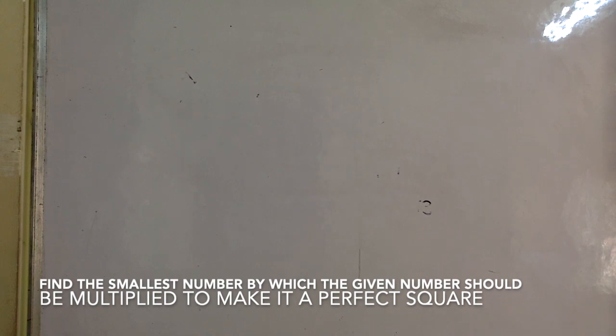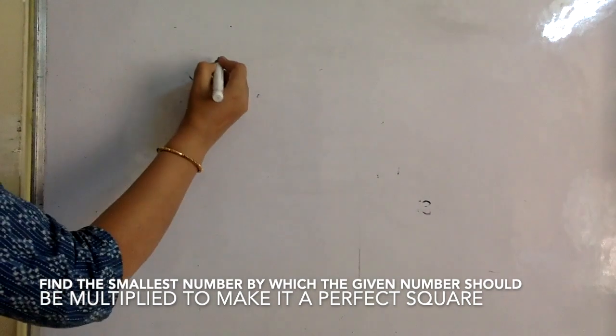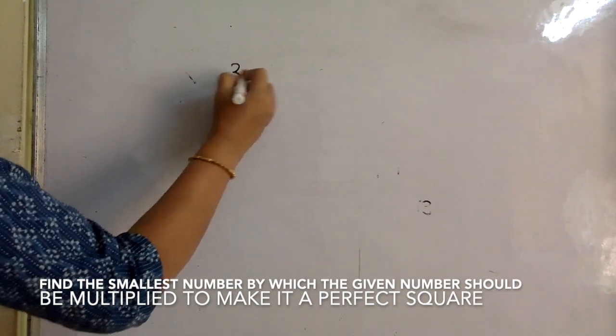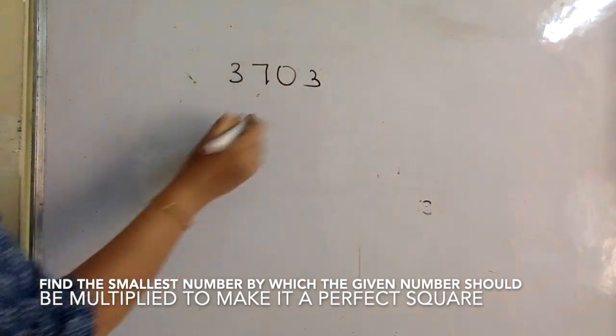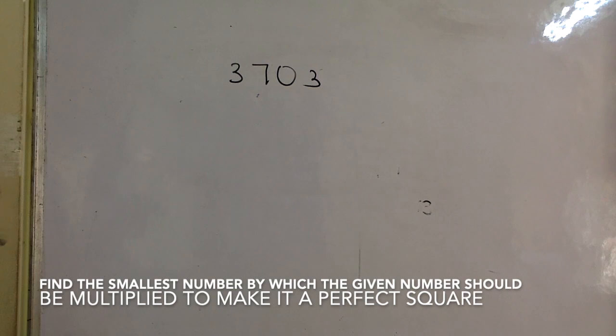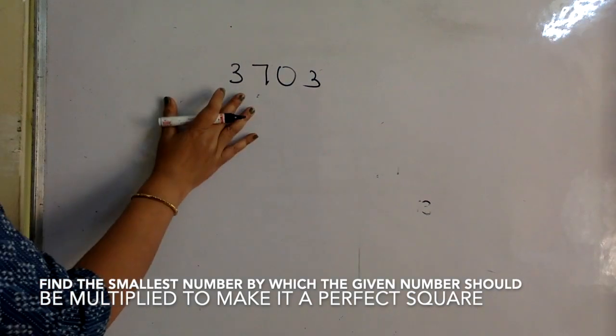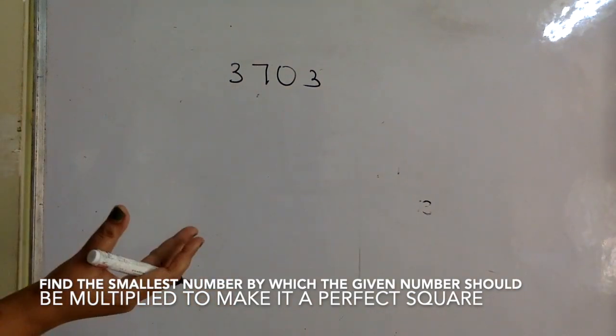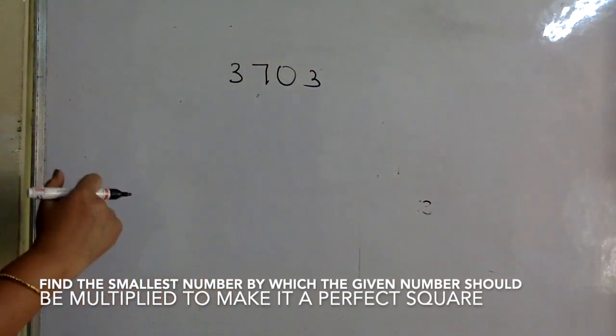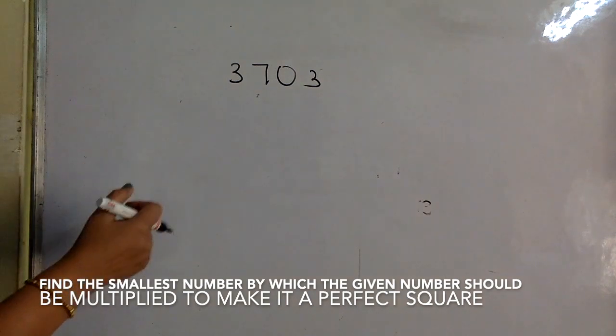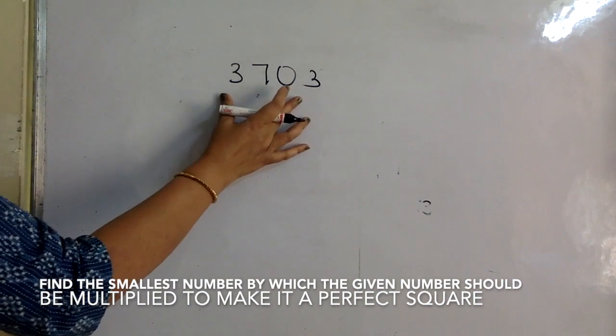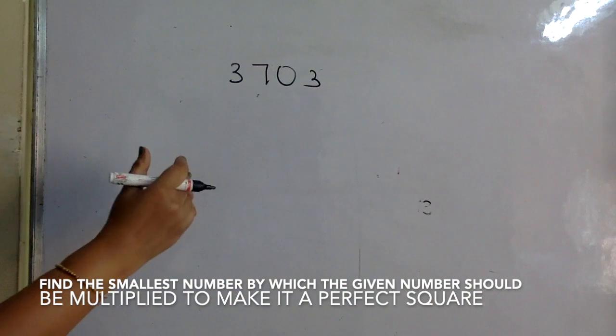So we are going to take up the number 3703. This is the number given to us and we are asked to find the smallest number which should be multiplied with this number to make it a perfect square. Now the first thing that we notice here is that this is not a perfect square, we have to make it a perfect square.